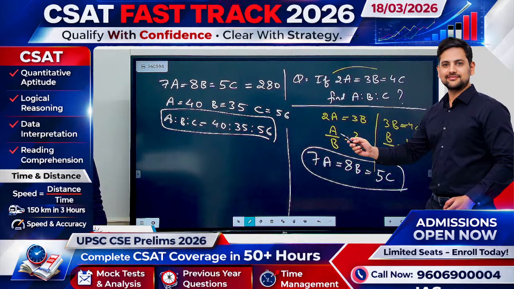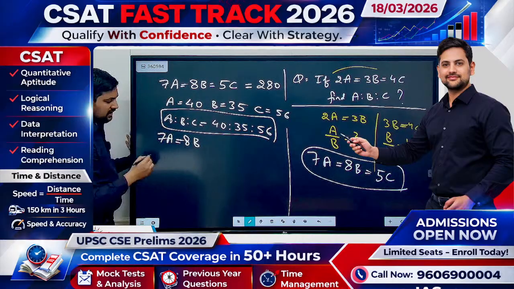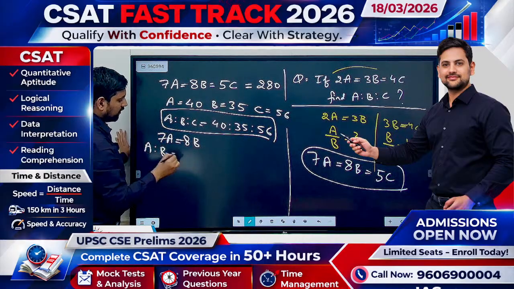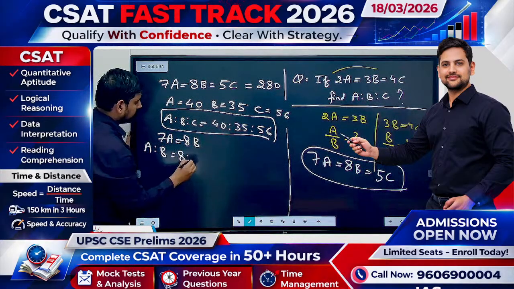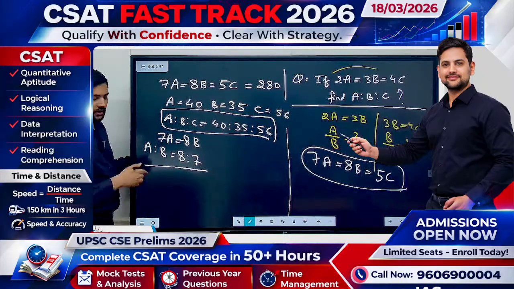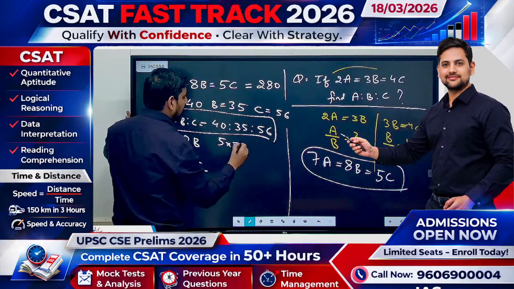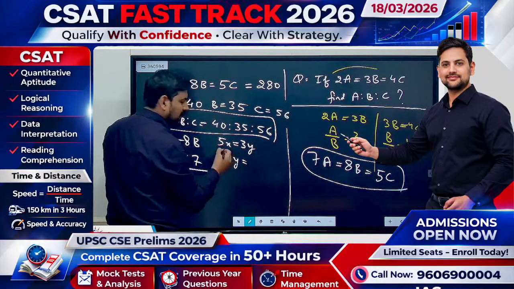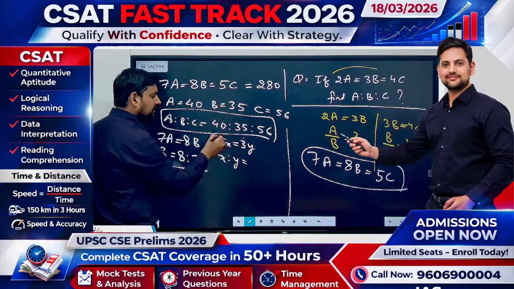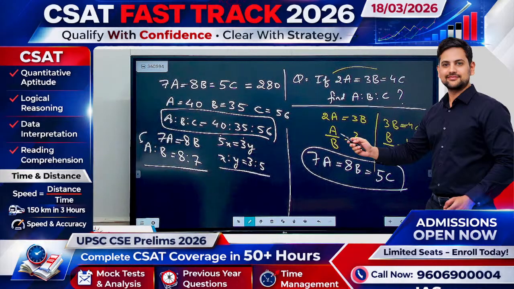Now, one thing you should always remember: just by this ratio, you understood 7A is equals to 8B. So what is the ratio of A ratio B? You should do this directly. Basically, if in questions you get 5x is equals to 3y, then eventually x ratio y, if this is in equal form, will be just the opposite of them, so this will be equal to 3 ratio 5.